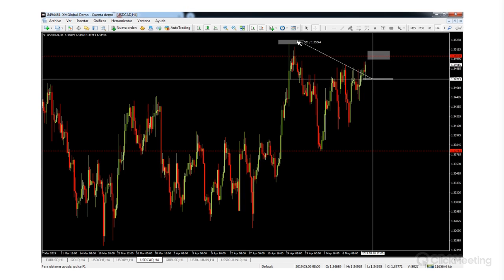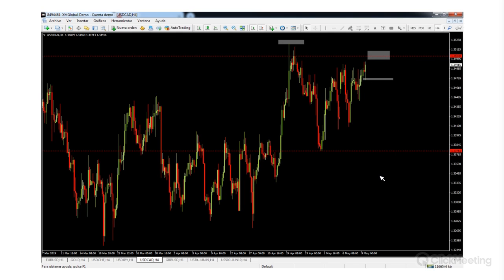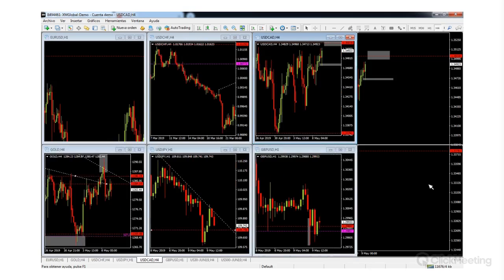That would yield a 50 pip stop loss for a possible 95 pip win. Given the price action that we are looking at and how slow this market moves, to me it is just not going to be profitable.